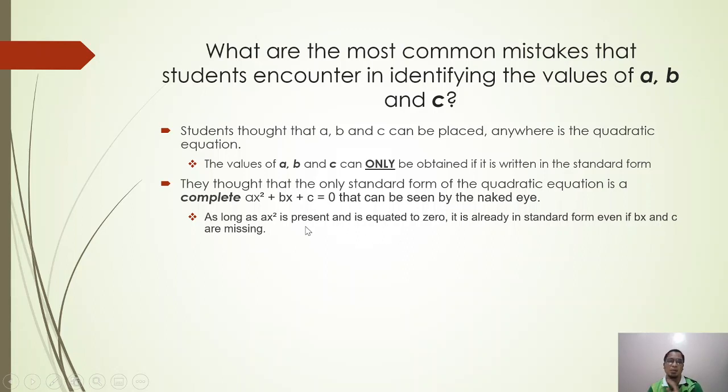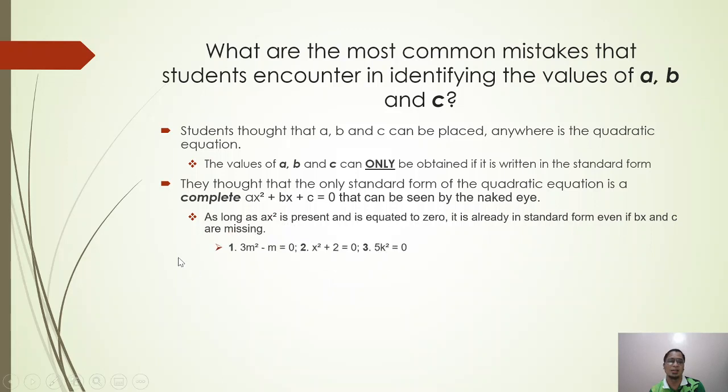Ito yung hindi maintindihan ng karamihan. Kahit po kulang yan, basta meron siyang variable na may squared na exponent at equated siya sa 0, considered po siya as standard form of quadratic equation.